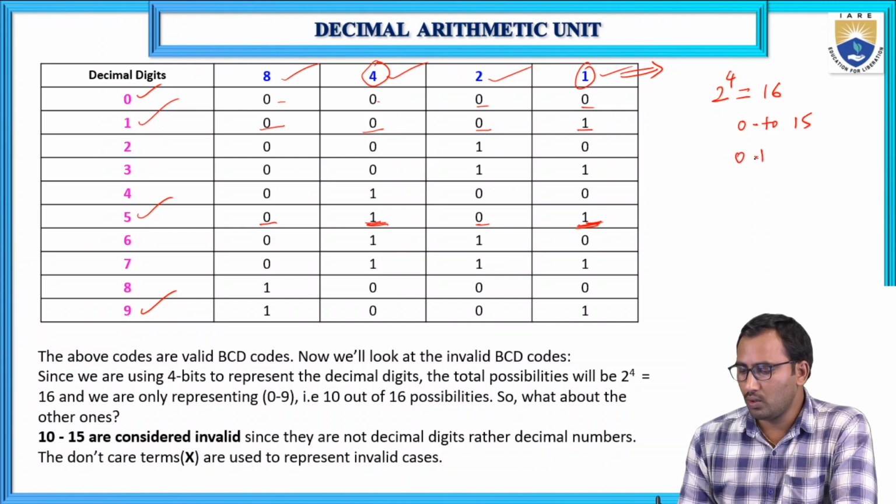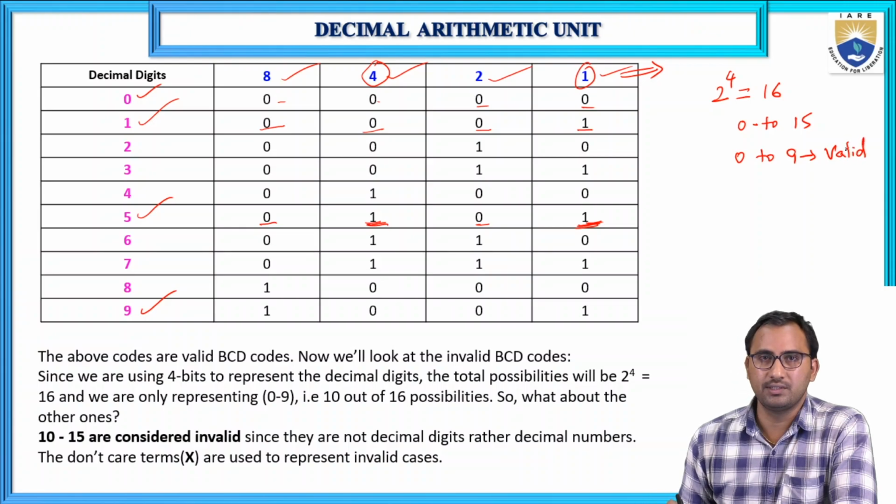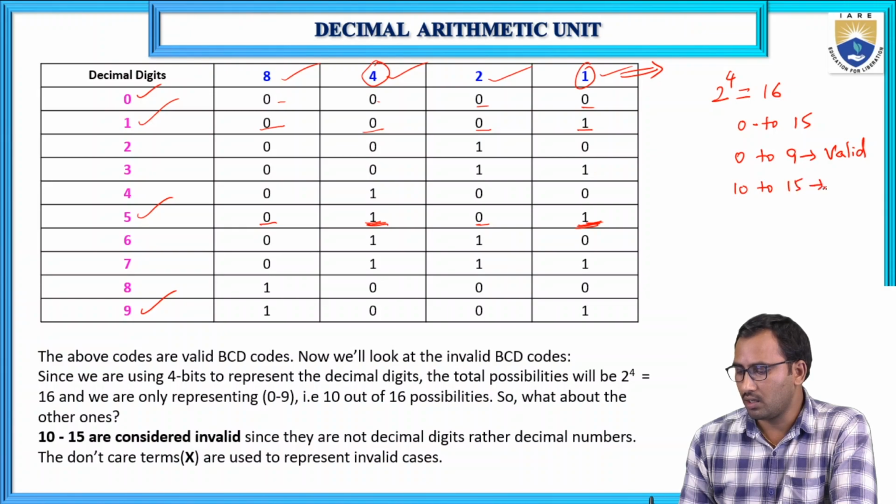So 0 to 9 are the valid BCD numbers, and 10 to 15 are the invalid BCD numbers.